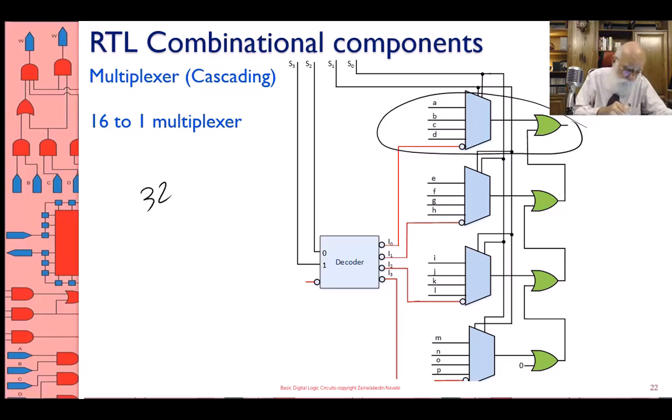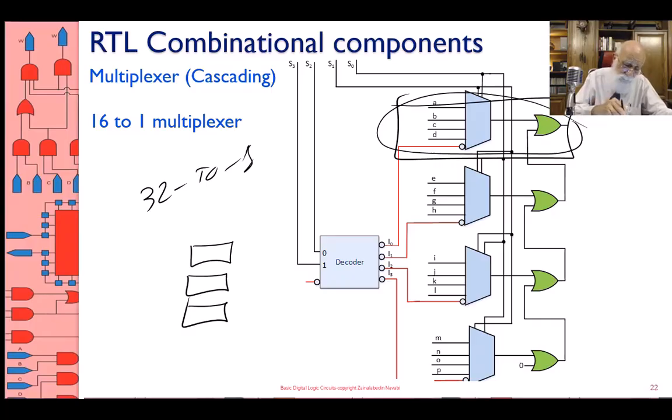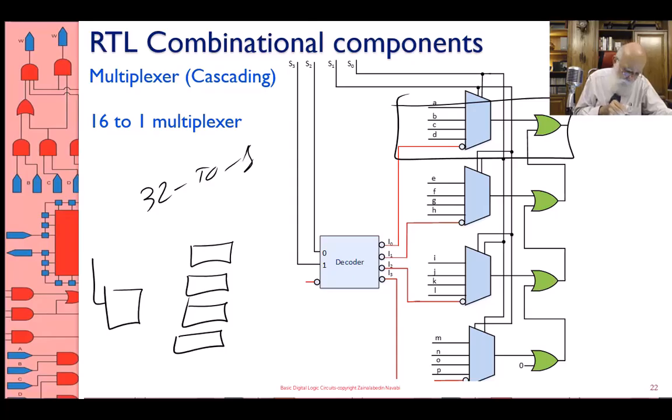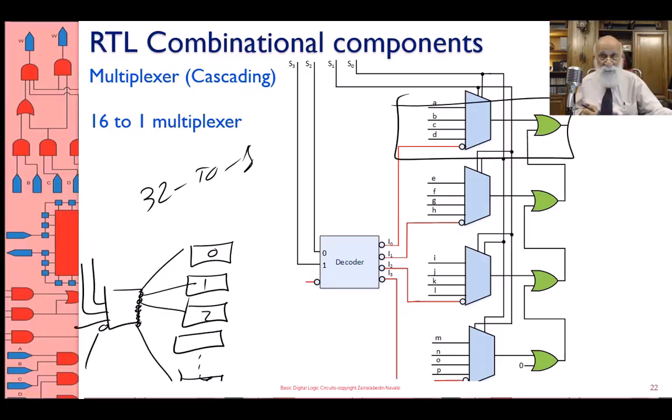If I were to do, let's say, a 32 to 1, then I would put, see that slice there? I would put 8 of those slices. This is this slice here. I would put 8 of these slices, and then I would put a 3 to 8 decoder, 1, 2, 3, 4, 5, 6, 7, 8, and then these 8 would be selecting any of these 8 multiplexers, 0, 1, 2, up to 7.